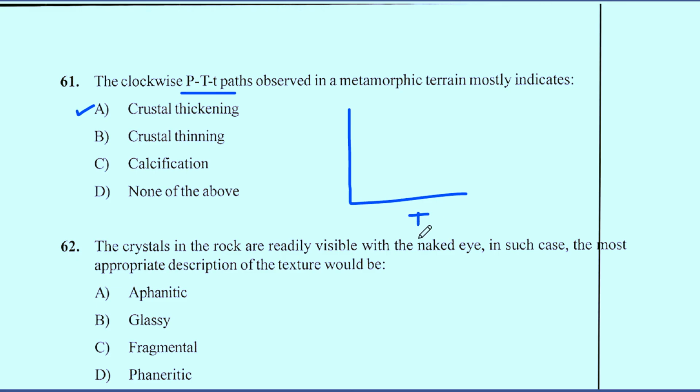One axis is temperature, the other is pressure, and with the passage of time, in continent-continent collision, we first get an increase in pressure. Then at a certain limit pressure stops increasing, temperature increases, and then if erosion takes place, it goes like this. So the whole process is related with thickening of the crust, because continent-continent collision took place.